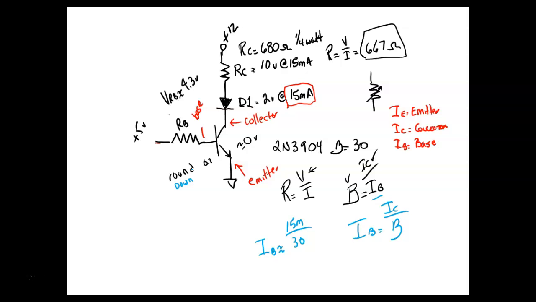So what we're going to come up with for IB is 500 microamps. Okay, so RB, I want it to drop 4.3 volts at 500 microamps.